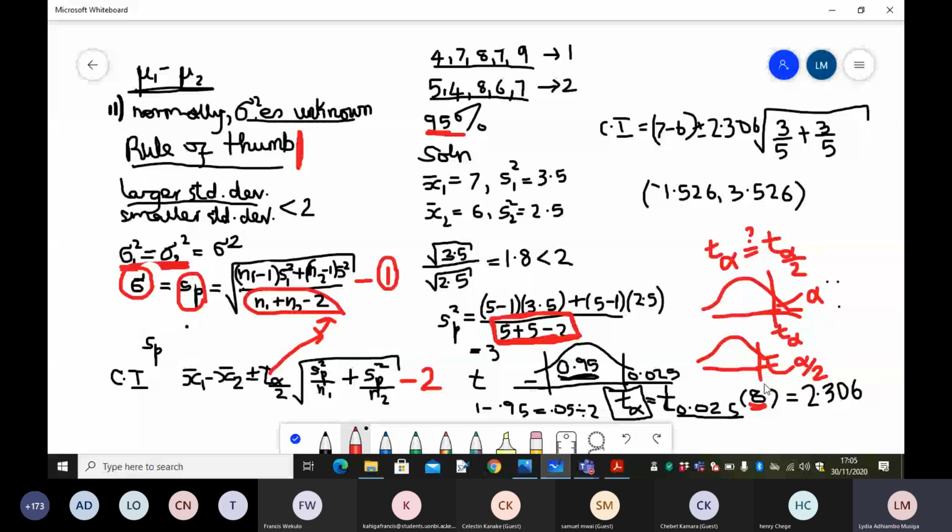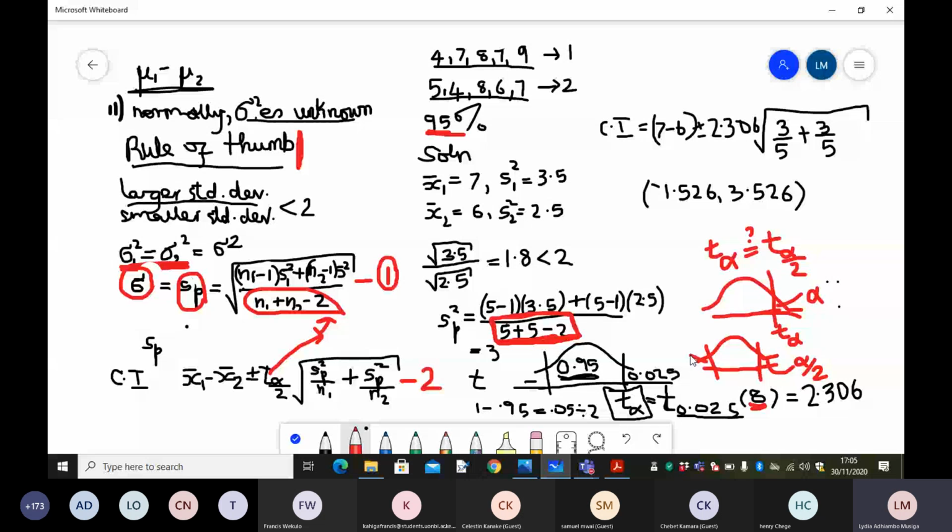When we look at T alpha, in the diagram I have drawn for the first one, we have only one area to the right, which is alpha. But when you talk about alpha over 2, there is an area to the right, which is alpha over 2, and there's another area to the left, which is alpha over 2.